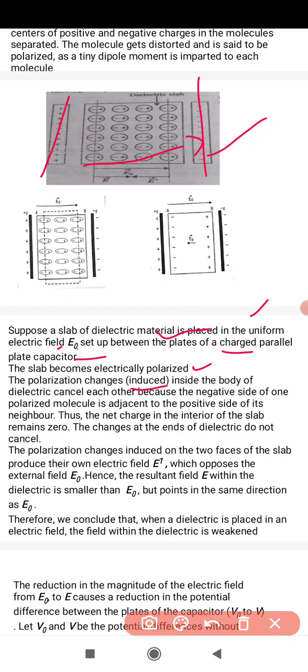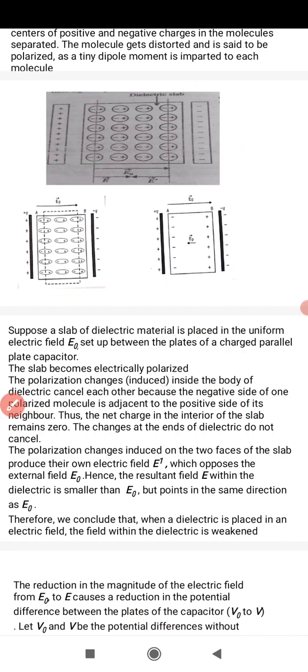The polarization inside the body of the dielectric material cancels out, because the negative side of one polarized molecule is adjacent to the positive side of its neighbor.